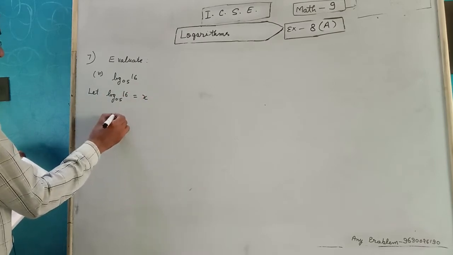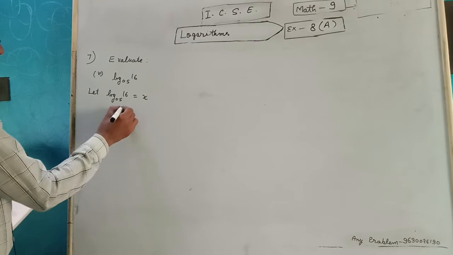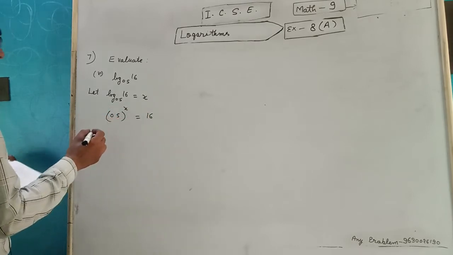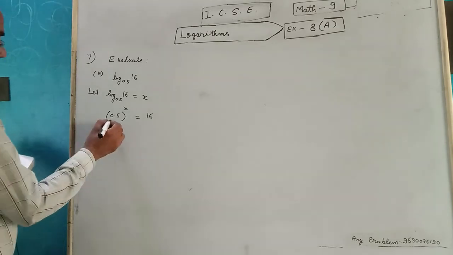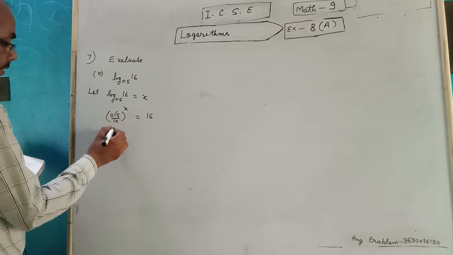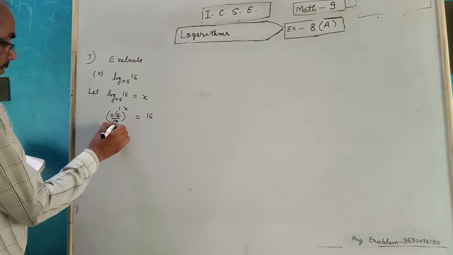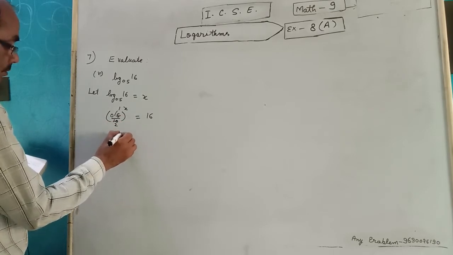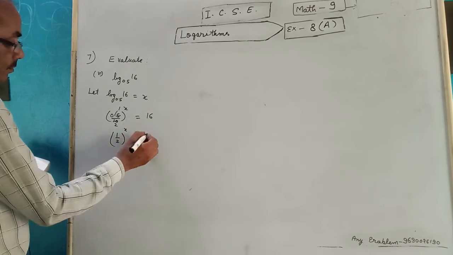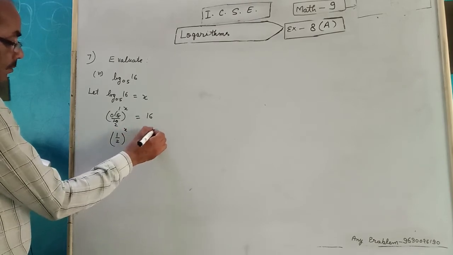Write the exponential form. 0.5 as power x is equal to 16. Remove the point: 5 ones are 5, 5 twos are 10, 1 upon 2 as power x is equal to 16. We write 16 as 2 as power 4.